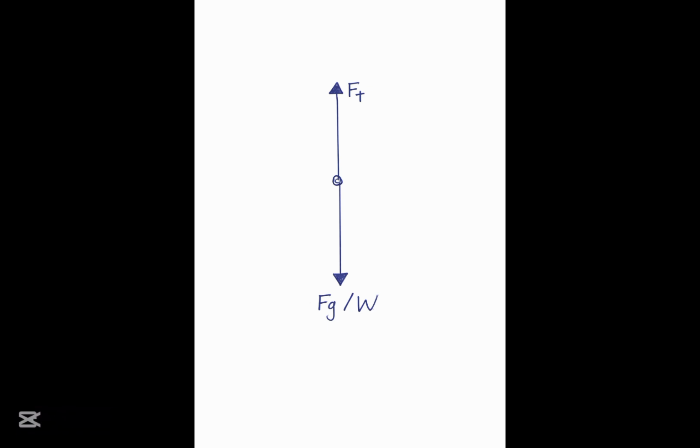How do you show it? You say Ft, or you can say T, the way you want. So now there's a tension force, or you can just say tension. Those are the only two forces acting on our diagram.